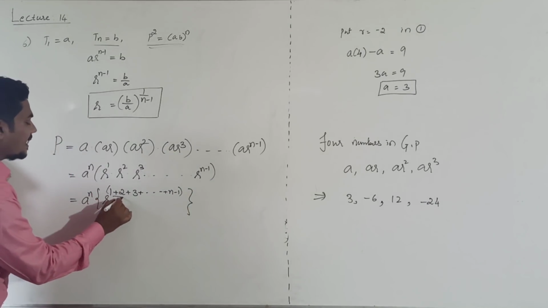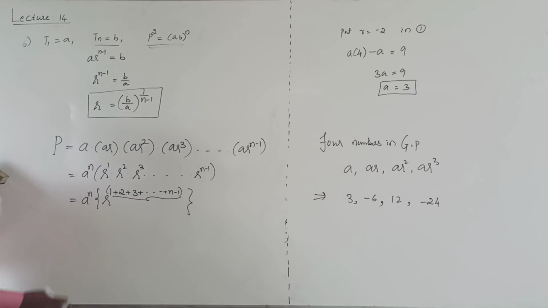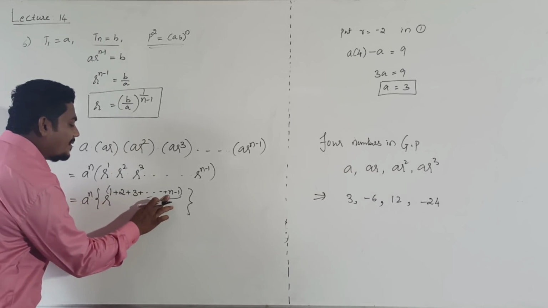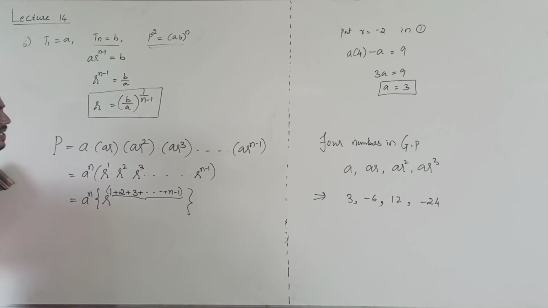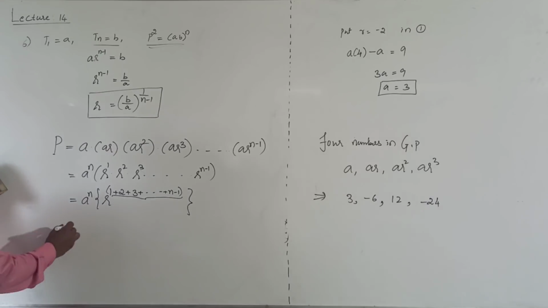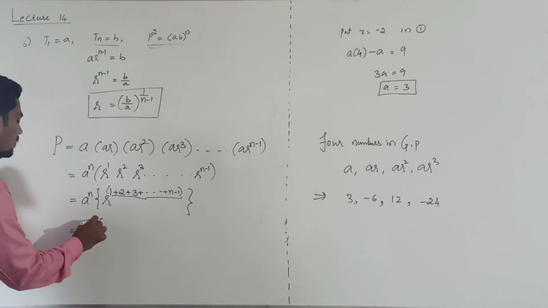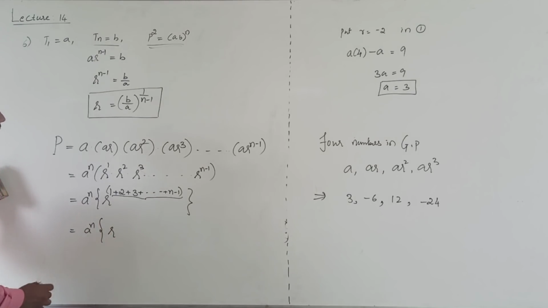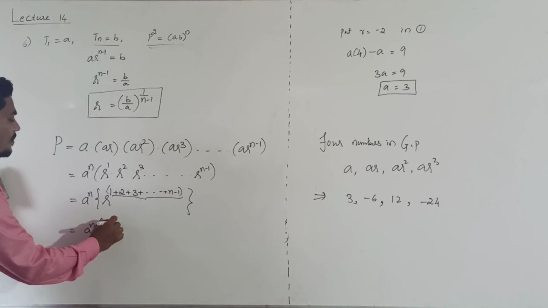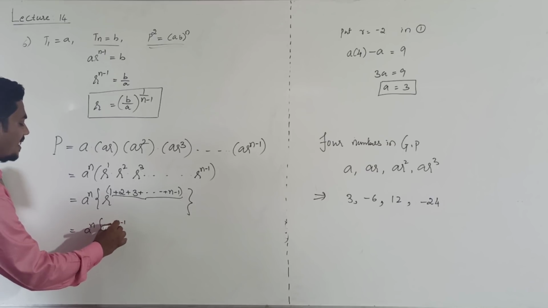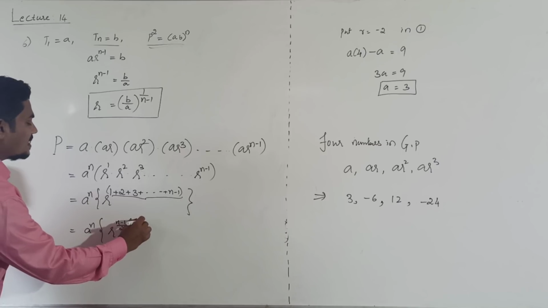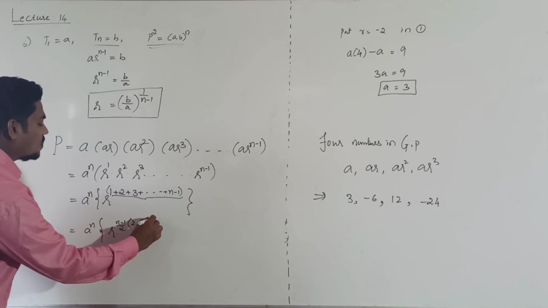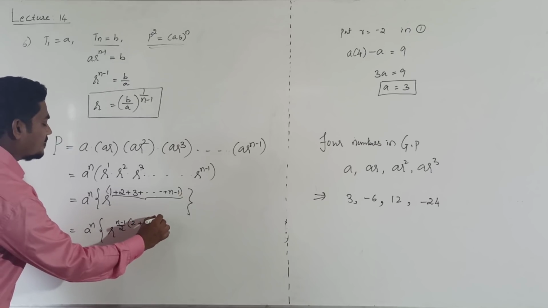Now for this, use the Sn formula, and clearly this is an arithmetic progression. Then it will be a^n into r to the power of the Sn formula, n by 2 into 2a plus (n minus 1) into d.